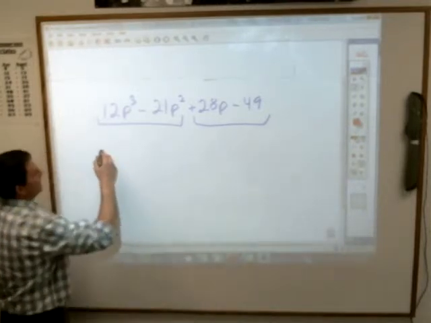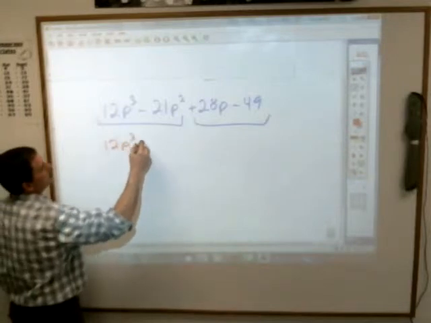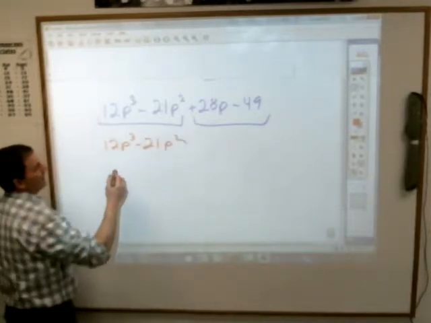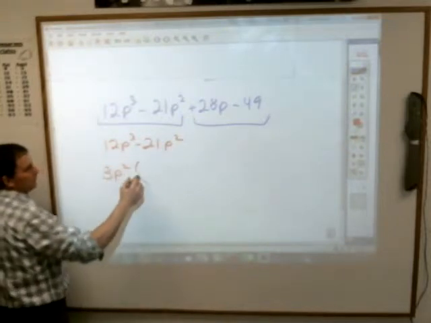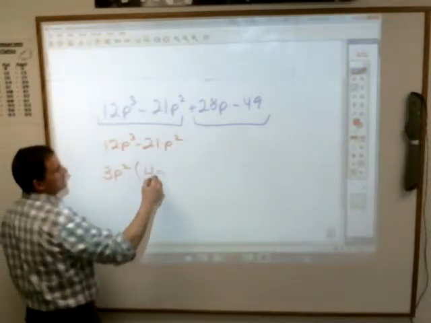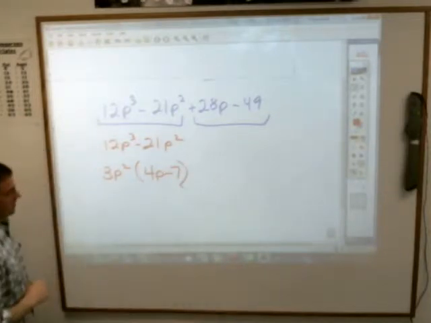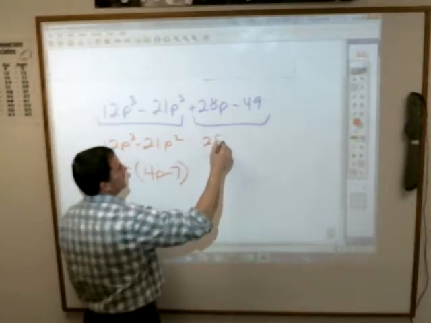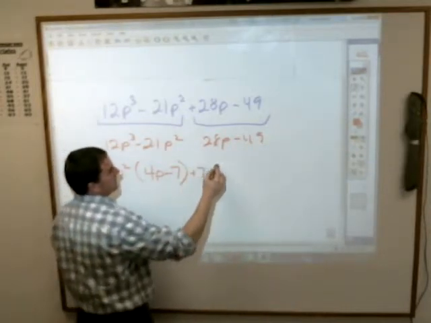Looking at this group here, 12p cubed minus 21p squared, I'm going to take out a 3p squared. And when I do, I'm left with 4p minus 7. I'm going to do the same thing over here with 28p minus 49. You said I could take out a positive 7.